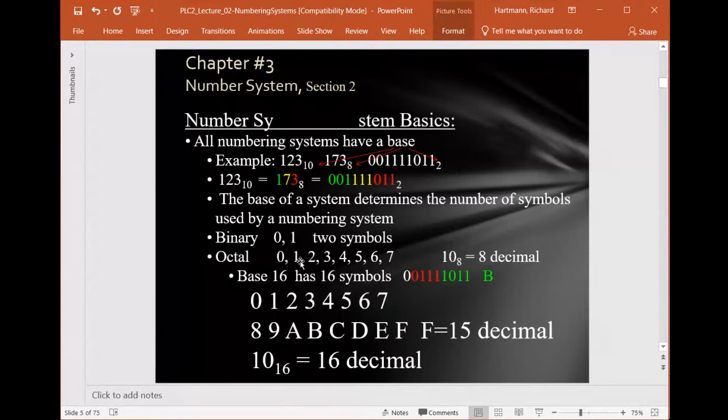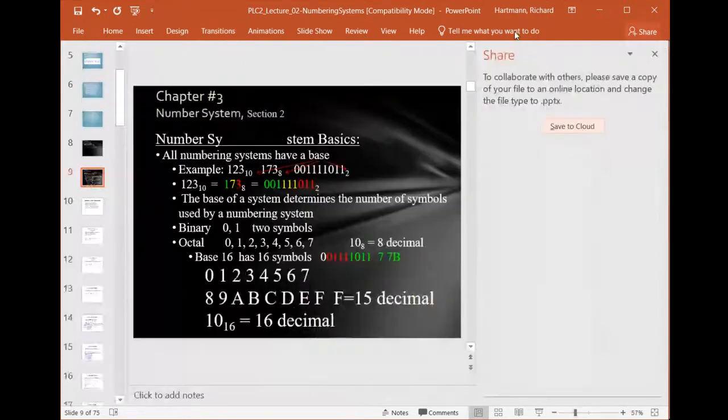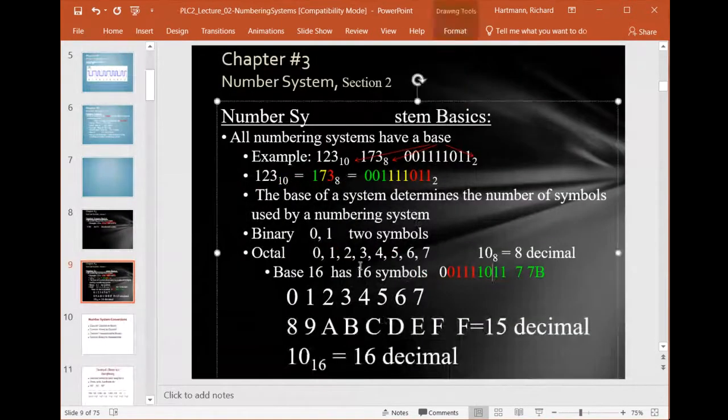PowerPoint doesn't like me changing it while I'm sharing it with you, but it would be a 7B there. So 7B in hex.